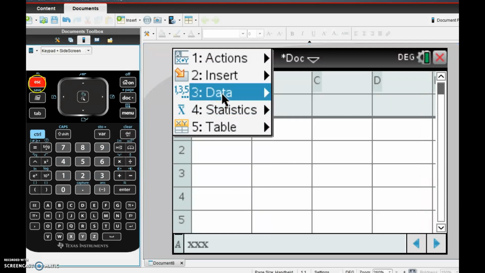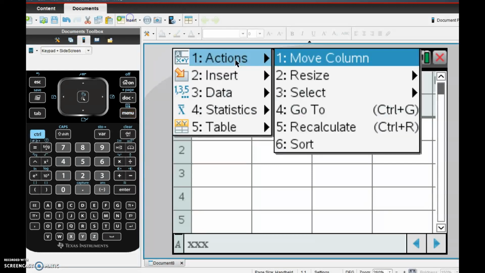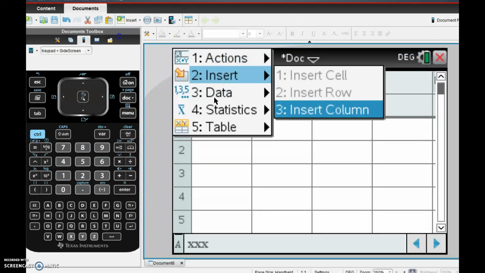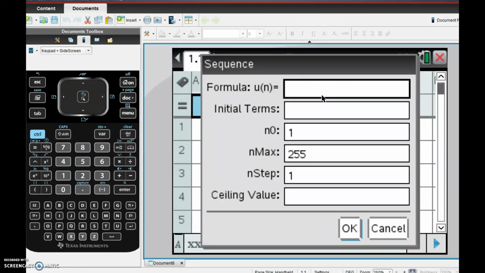Generate a sequence. So here we go. This is a shortcut way to do this. Otherwise, you have to type in 0, 1, 2, all the way down to 250. That would take you a long time. If you go to Menu, Actions, insert Data, and Generate a Sequence. So the sequence is just going to be U sub n.